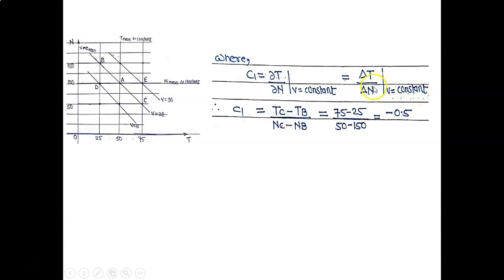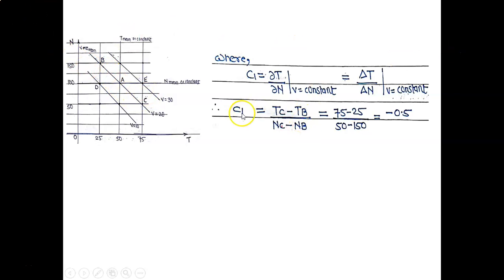Delta t means difference in the torque and delta n means difference in the speed when voltage is constant. Which line of voltage is constant here? This line BC. Along this line BC we will find out delta t and delta n.